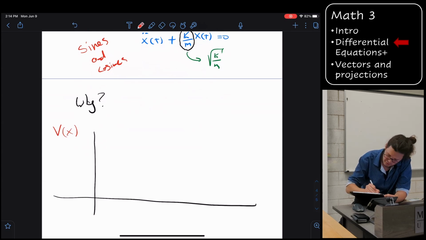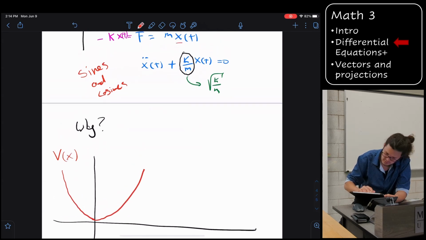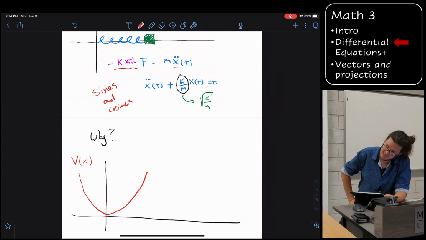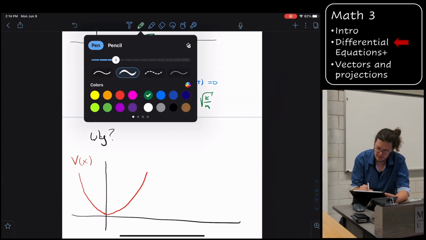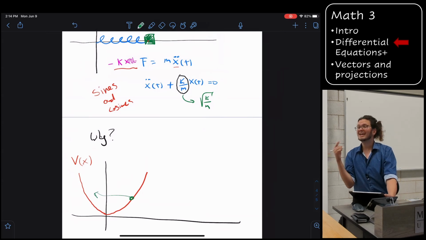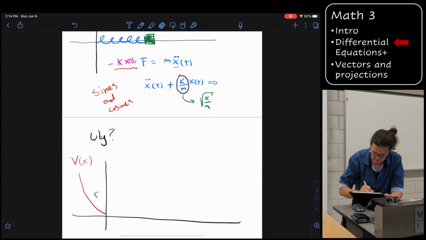In the case of the harmonic oscillator, this looks like a parabola. You see it here. The force was the first derivative of the potential, so it was linear in x. The antiderivative of x is x squared, and that's why the potential looked like a parabola, and you basically had the harmonic oscillator bouncing back and forth in that thing. In real life, it will never look like that, but it might look like this.